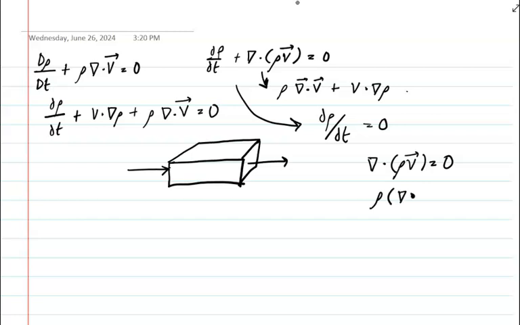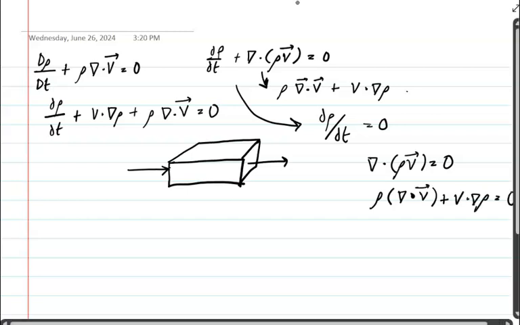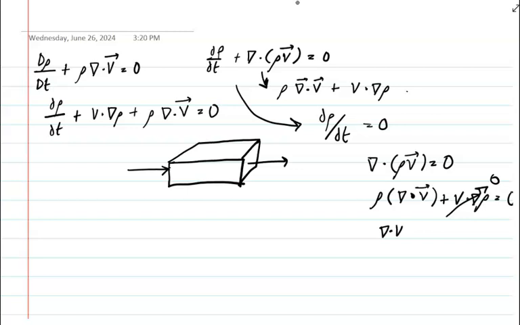You can use the identity to give rho times del dot v plus v dot grad rho is equal to 0. But rho has been seen to be constant, so this is 0. There's no gradient in density. So we have that del dot v, the divergence of velocity, must be 0, which is also affirming what we interpreted as the divergence of velocity, the change in volume per unit volume, which also gives the idea of compressibility.